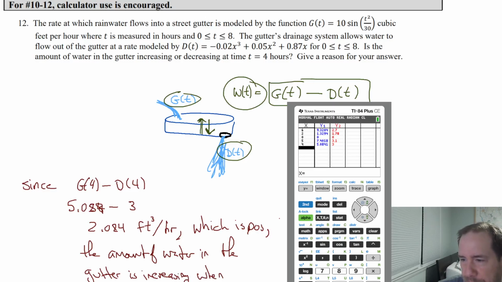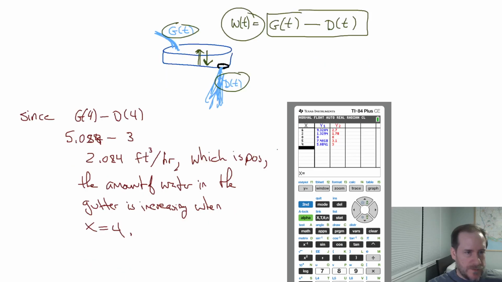So when x equals 4. Period. End of story. End of video. You can't see the bottom. You can't see that I wrote x equals 4, but now you can.